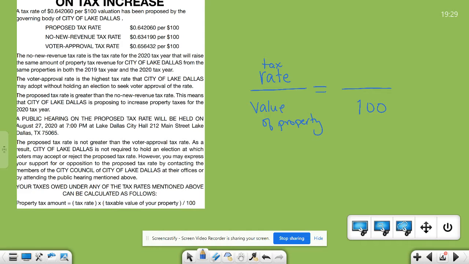So when you look at this, it's just like a proportion. You've got a percent. You can figure out whatever the rate is, and the rate is actually over here. The tax rate is multiplied by the value of your property, and then it's divided by 100. So it's the bat and ball that we've been doing. You can figure out how much your rate is, how much you're going to be paying on your home going forward.